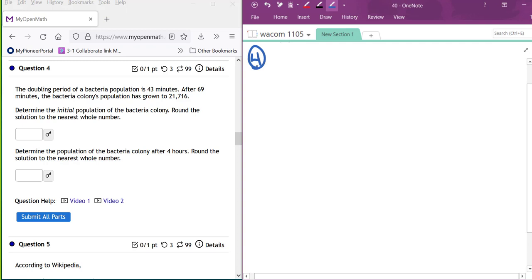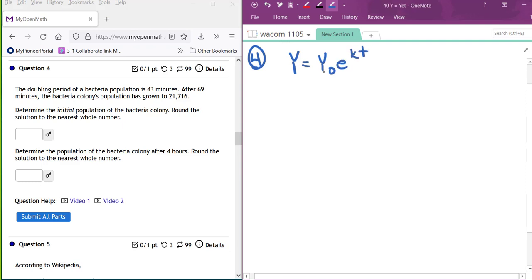All right. The doubling period of a bacteria population is 43 minutes. After 69 minutes, the population has grown to this. Determine the initial population. All right, so we're going to find k with this first piece. So we have y equals y sub 0 e to the kt.